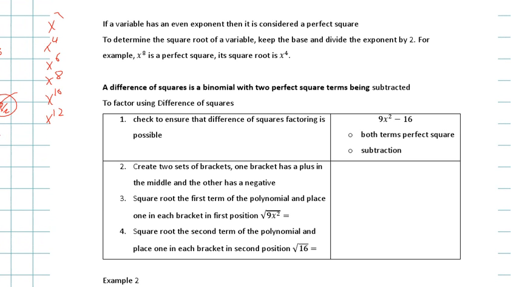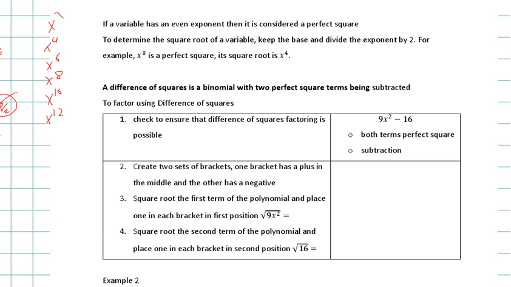Can you guys remind me what a binomial means? Sum or difference of 2 terms. So bi means 2, so you have 2 terms. Okay? So in order for a binomial to qualify to be a difference of squares, it must have the following.